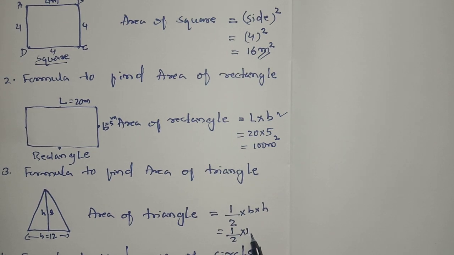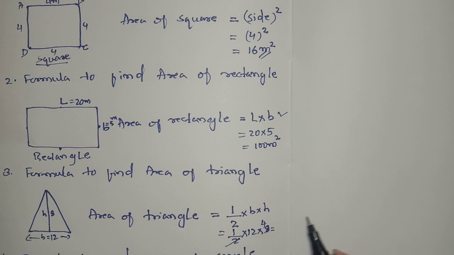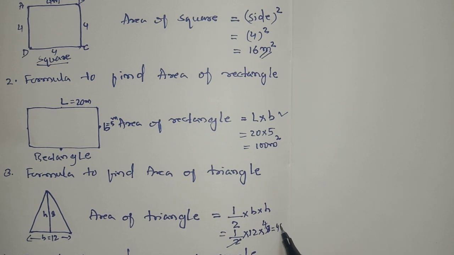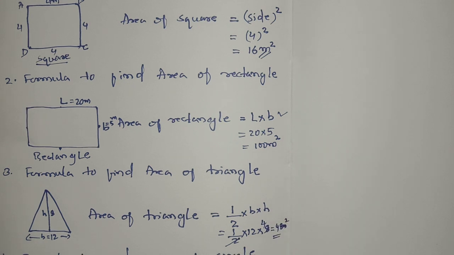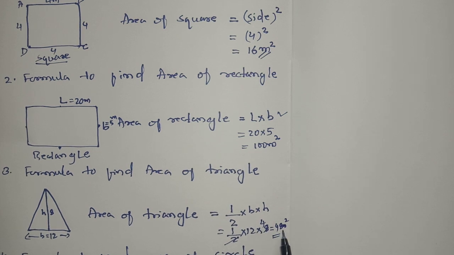Base is 12 into height is 8. 2 ones are 2, 2 fours are 8. Now 12 fours are 48 meter square. 1 into 12 is 12. 12 into 4 is 48. We divide 8 and 2. 2 ones are 2, 2 fours are 8.